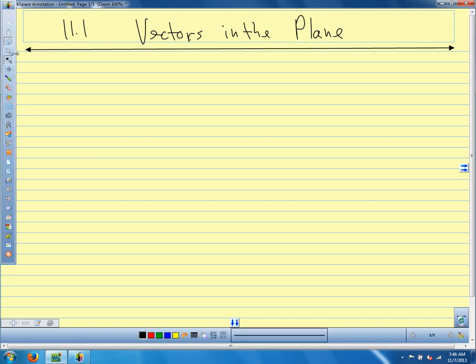So vectors, today we're just going to introduce vectors. I know you've seen vectors before. We're going to develop vectors quite a bit. We use the language of vectors to do calculus in 3 dimensions. Second semester, we're going to use vectors a lot, so hopefully we can get very familiar with them.